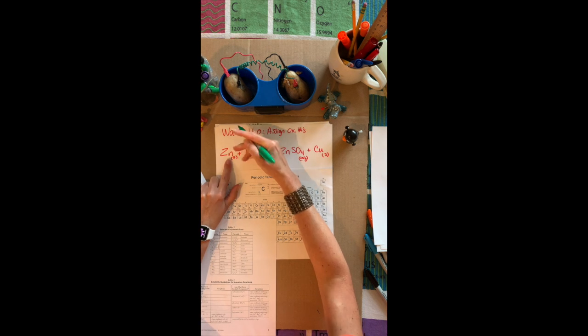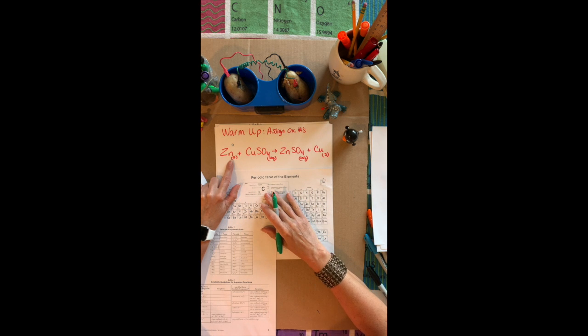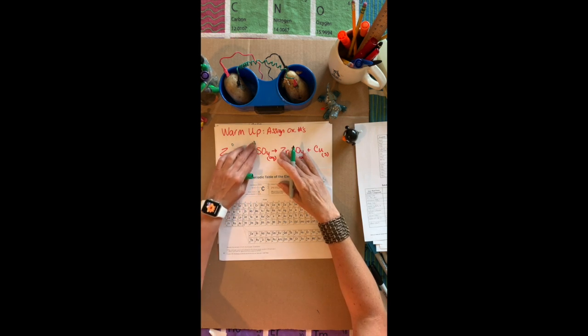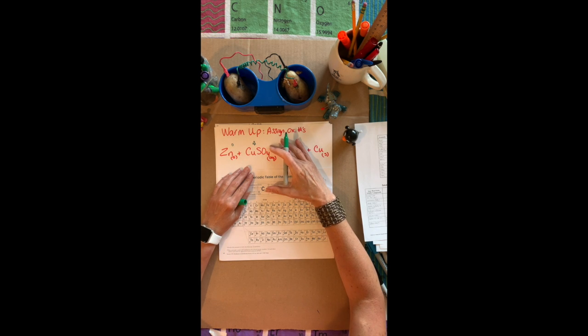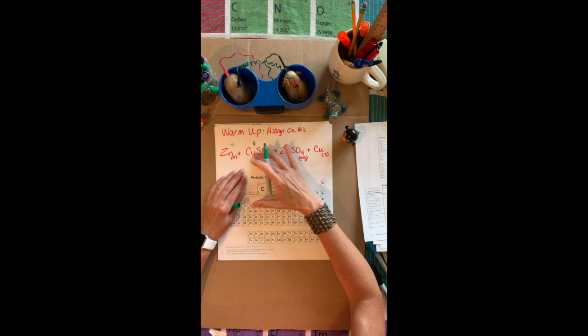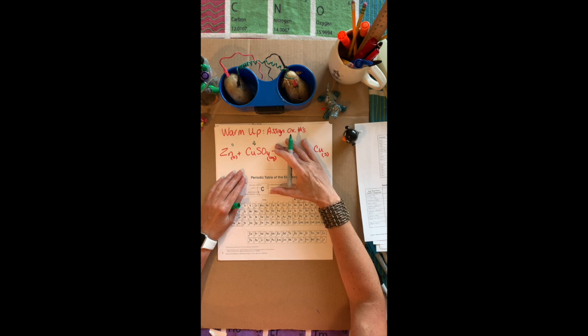Any free element, such as solid zinc, will always have an oxidation number of 0. We then have a compound, copper(II) sulfate. We have copper with a +2 charge because the sulfate ion has a -2 charge, and that balances out to a 0 charge.